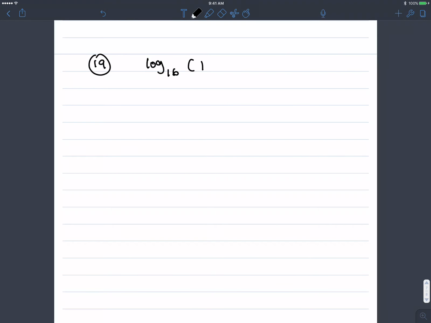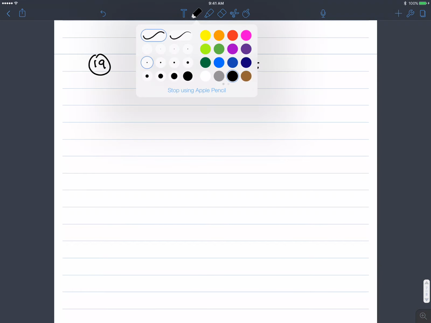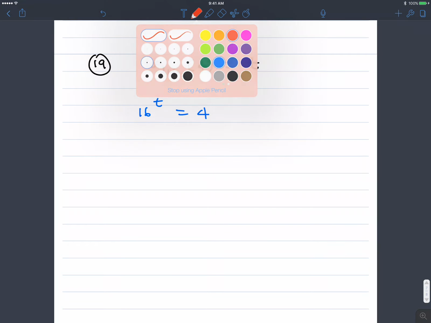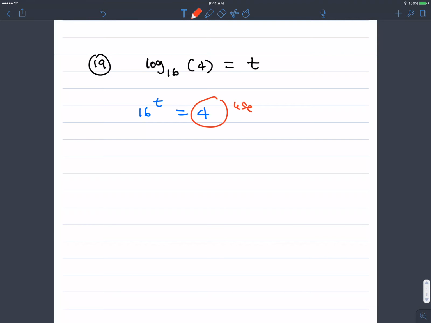Log base 16 of 4, we're going to call that equal to t. Use your definition that 16 to the t is 4. Now in the prior problems we said, okay, use properties of exponentials on the right side.